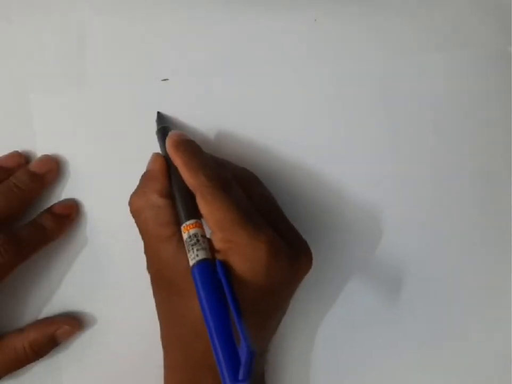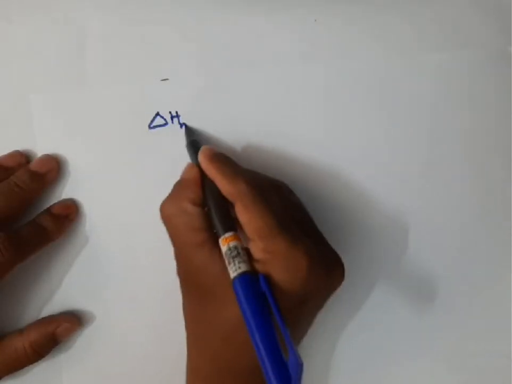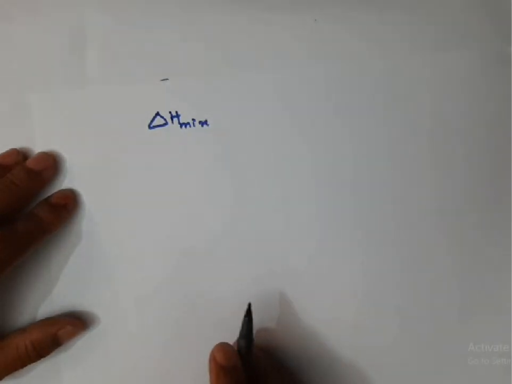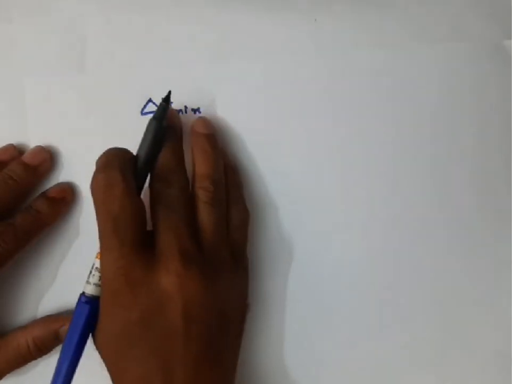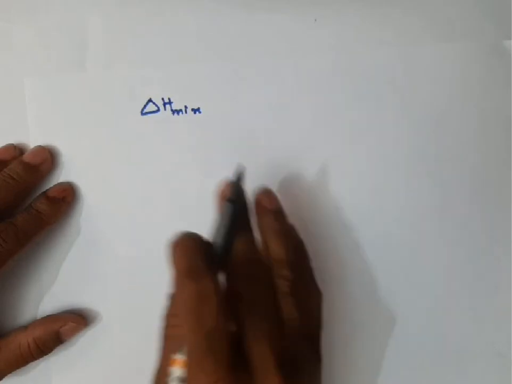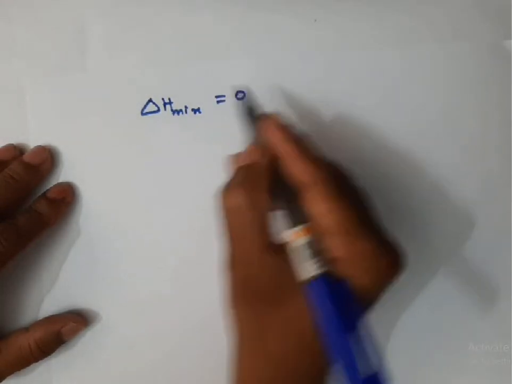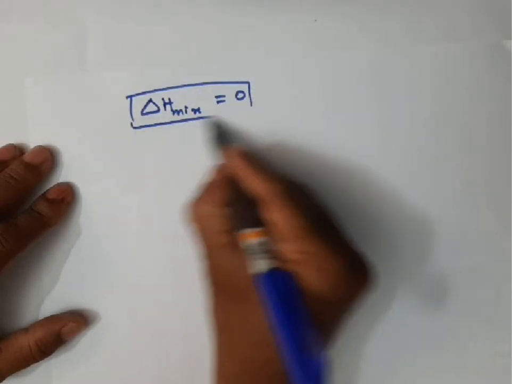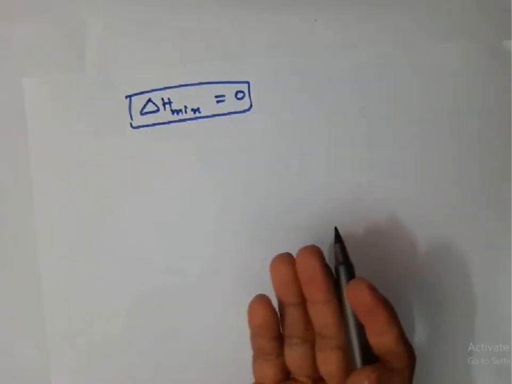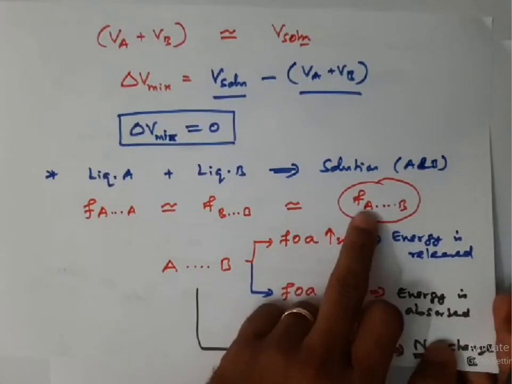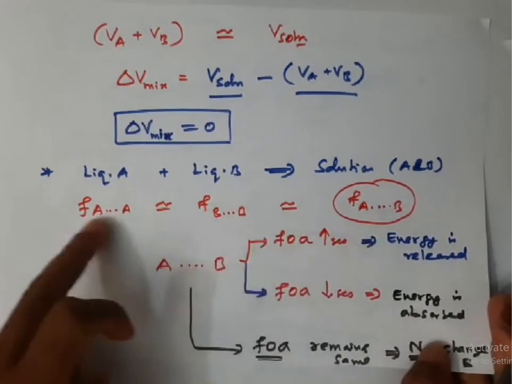So what I am trying to say is about delta H mixing. What is delta H mixing? That is total enthalpy after mixing minus total enthalpy before mixing. This is actually 0. Why 0? Because force of attraction between AA, between BB and between AB, all are the same.